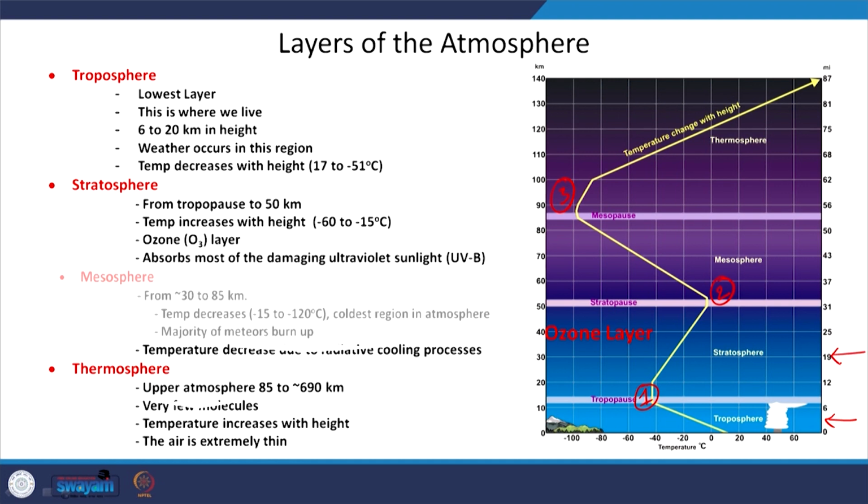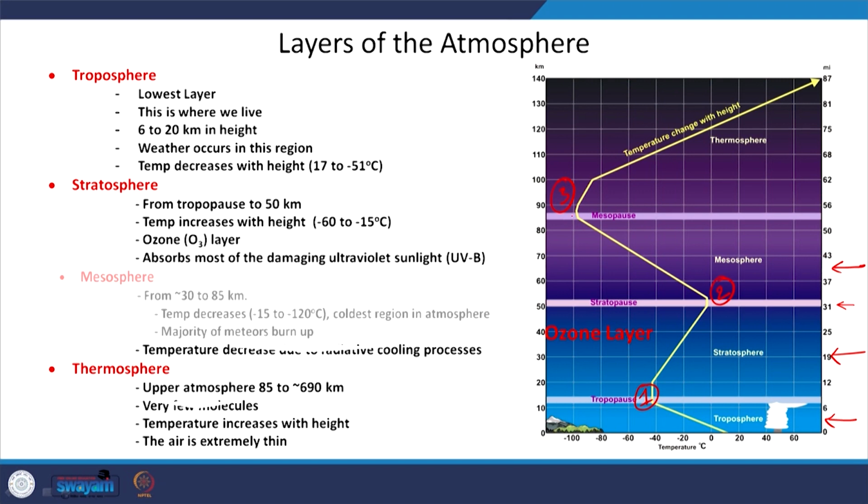The stratosphere has temperature increasing with respect to height. The topmost part of the stratosphere is called the stratopause. Above the stratopause, where the temperature decreases with respect to height, is the mesosphere.